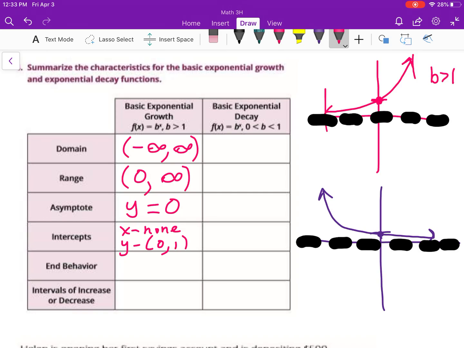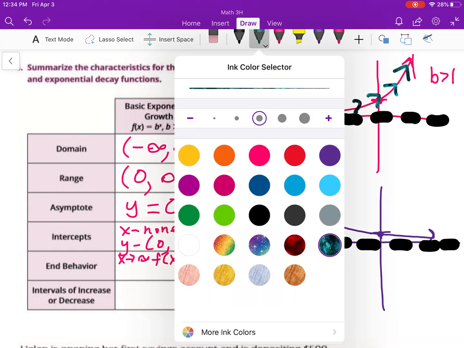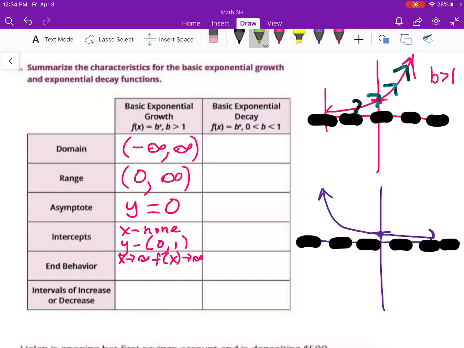End behavior, which you guys are still having a horrible time with. Remember, read this function as it's going this way first. Where did that go? Well, as x approaches infinity, f of x approaches infinity. Then as you go the other direction, now it's going toward negative infinity.